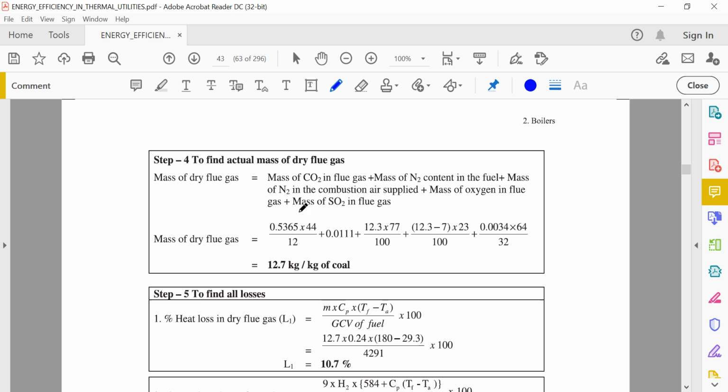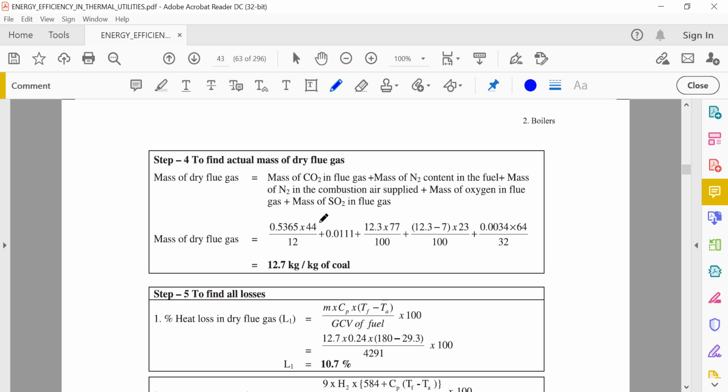And the last one is the mass of sulfur dioxide. Here we are not considering the water produced with the combustion of hydrogen, because that we will calculate as a separate loss. This is basically mass of dry flue gas. That's why all these gases are included in this.